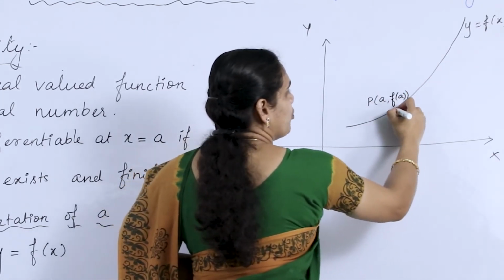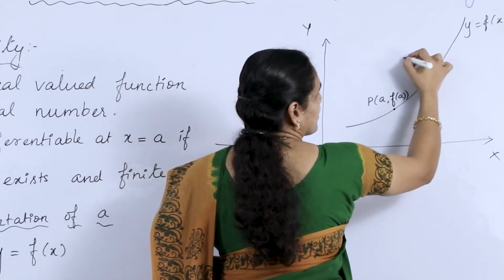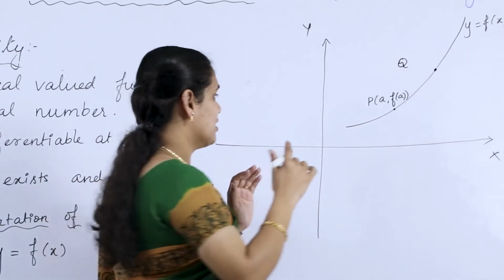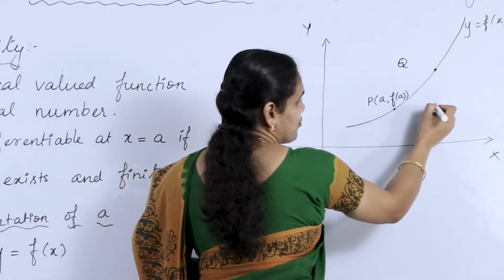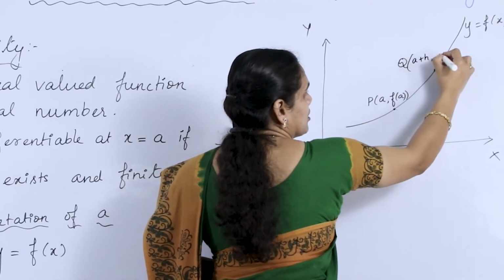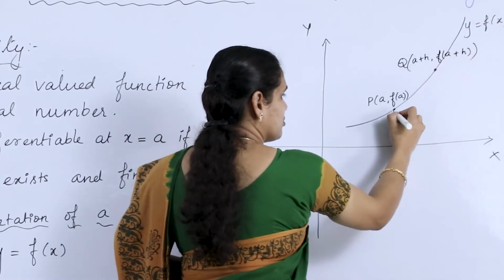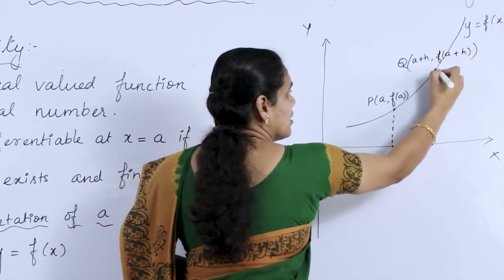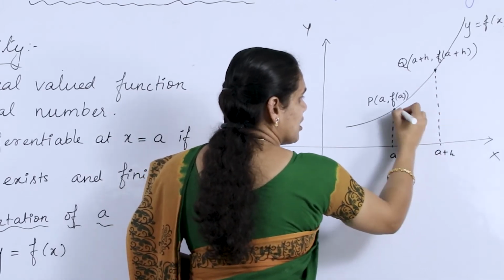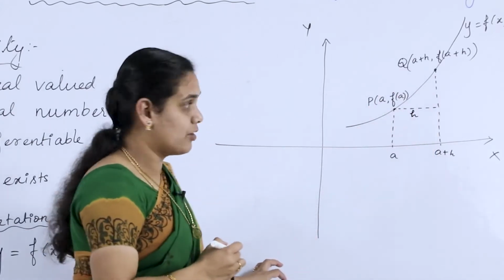And I'll take one more point in the neighborhood of P. Let it be Q. So it is in the neighborhood, that means the distance is very less. So it is at a distance of h from a. So the x coordinate will be a plus h, then our y coordinate will be f(a plus h). Alright, so this point is a and this point is a plus h, and this distance will be h again, right?